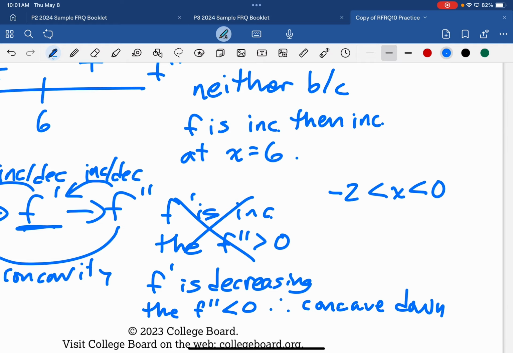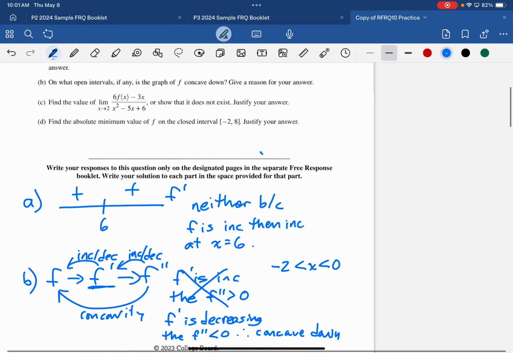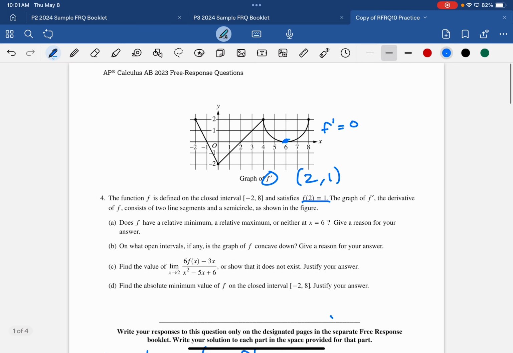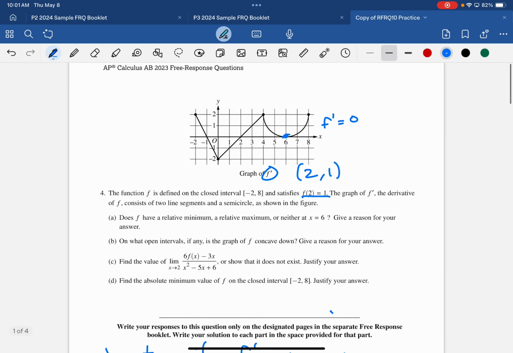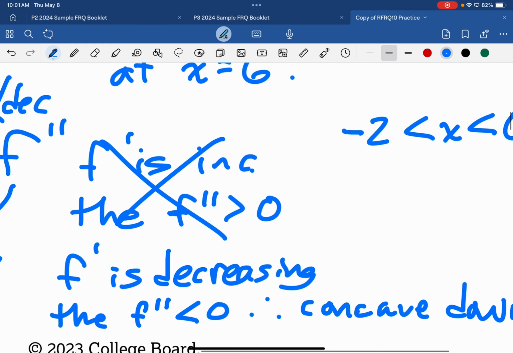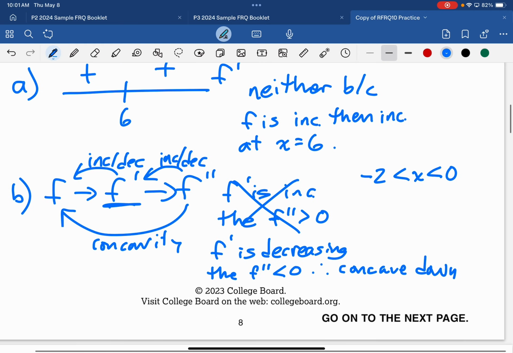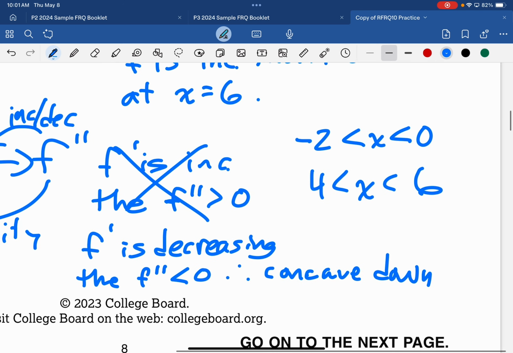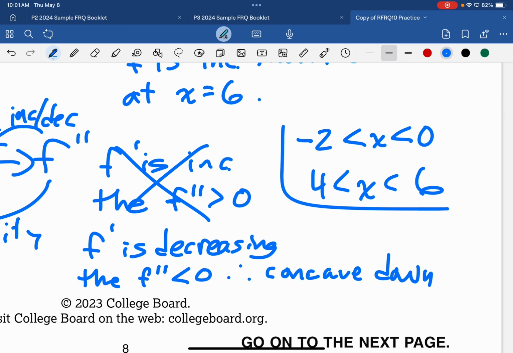Do not do that. You have to use parentheses, or you write in inequality notation like I'm doing right here. We're also decreasing from 4 to 6. So I'm going to say 4 to 6. And that's B. Concave down. So that's my answer.